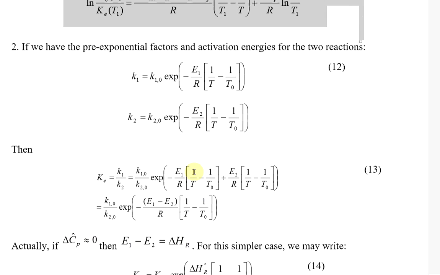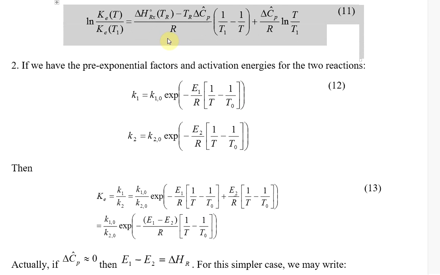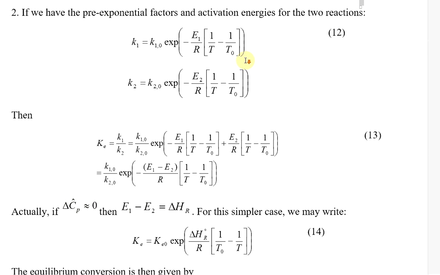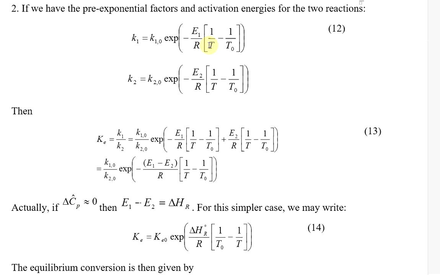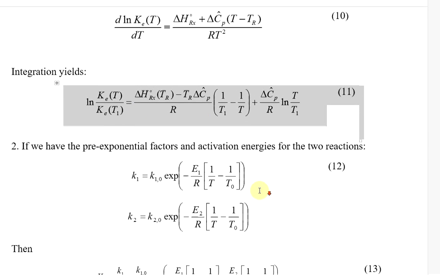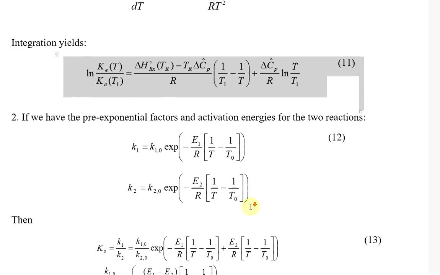What's interesting also is to try and compare the two results. We do have this result available to us from the Van 't Hoff equation, and then using the Arrhenius relationships, we can say this must equal this, if we take exponents on both sides.